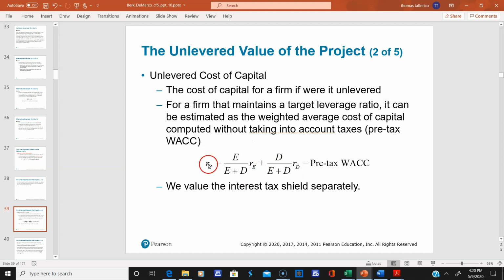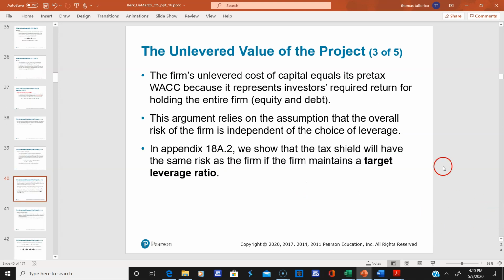This is R U, completely unlevered, so this is the pre-tax weighted average cost of capital, and then we'll do the interest tax shield separately. This unlevered cost of capital equals the pre-tax weighted average cost of capital because it represents investors' required return for holding the entire firm, equity and debt.